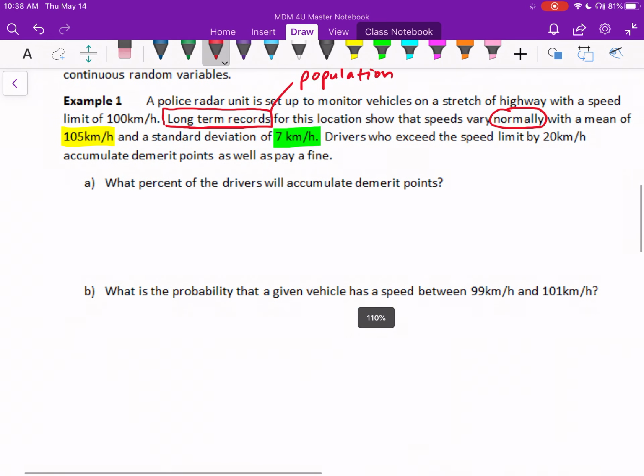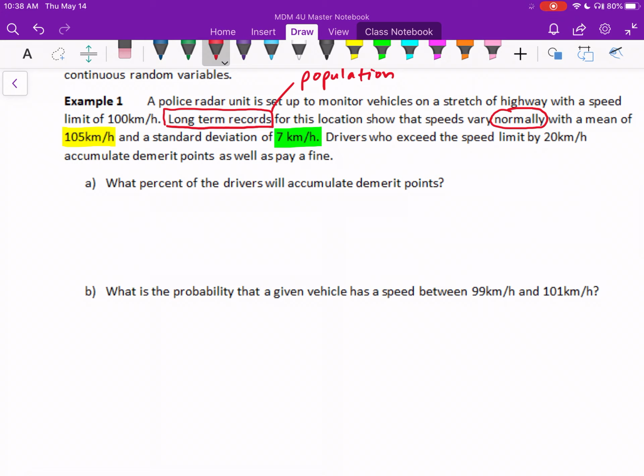So the speed limit's 100, but if you go 20 kilometers over, you're going to get demerit points. So to get demerit points, that means that X is going to equal 120. In other words, they want to find out what percent of the population is going to be not equal to 120, but greater than a speed of 120. 120 or more will get you demerit points.